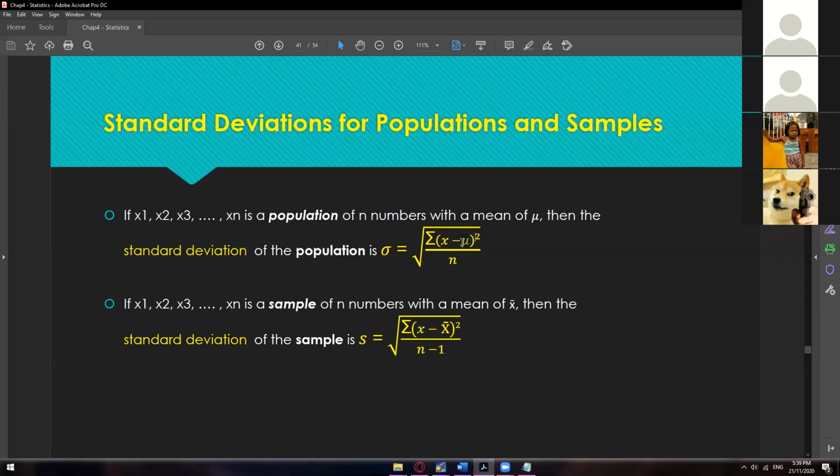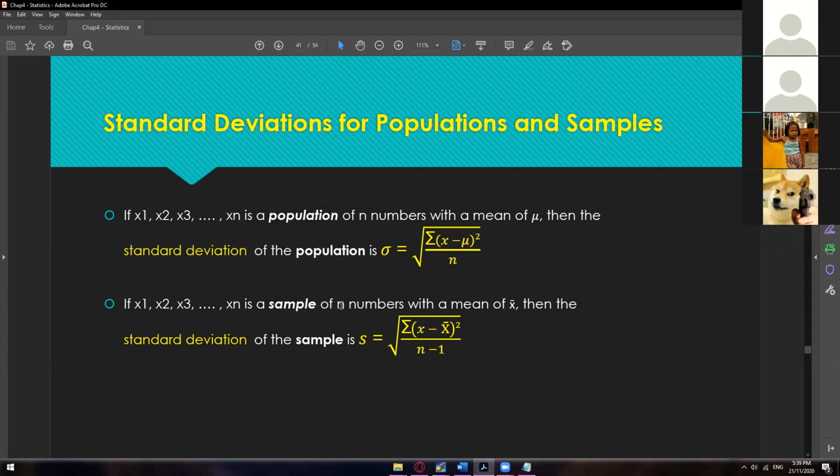Mu is the mean of the population and x bar is the mean of the sample. So basically they are the same, just different symbols: one represents the mean of the population and the other the mean of the sample.